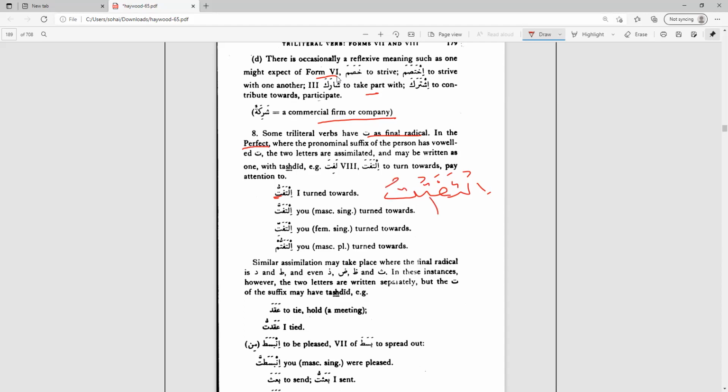Because the root letter was lam, fa, and ta. That was the root letters. When we do iltafattu, both are ta, so they join together, so it becomes iltafatta, and so forth.